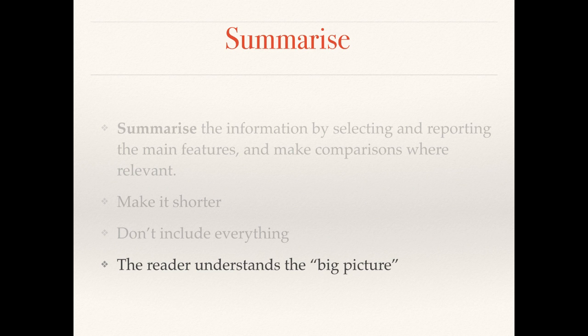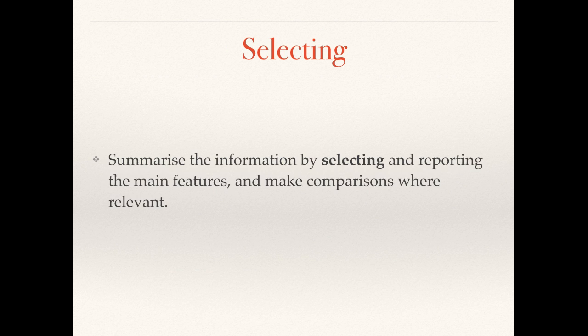And another part of a summary is the reader understands what I call the big picture. The big picture is the main point of a chart, the graph, or the diagram. Next word along is selecting. Summarise the information by selecting the main features.